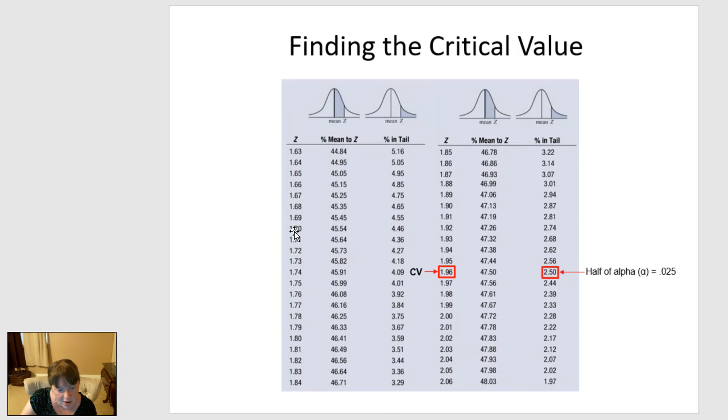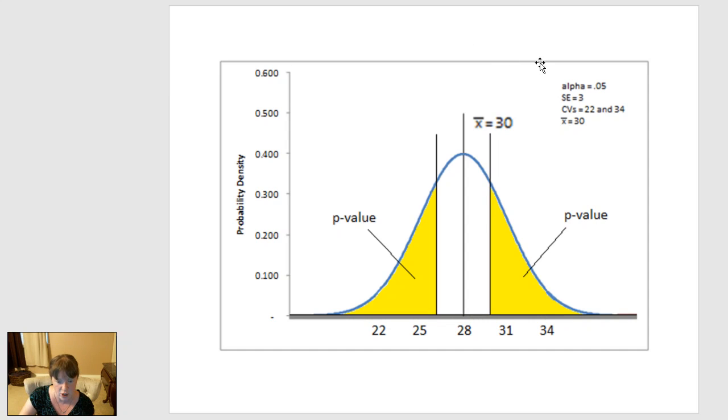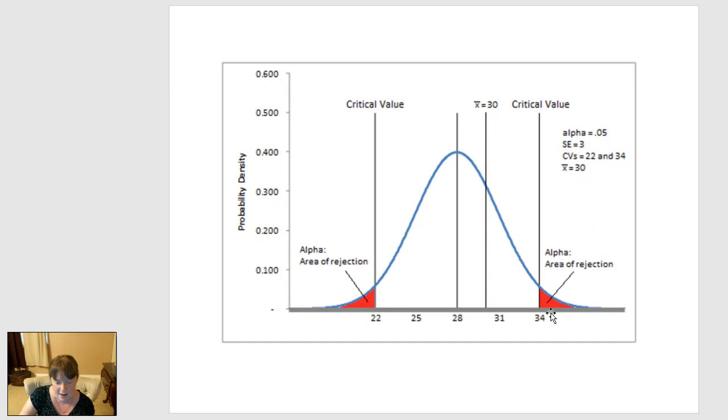And let's figure out how we can use this table to figure out what our standardized critical values were. Now, our raw critical values were 22 and 34. When I chose a two-tailed test with alpha of 0.05, our raw critical values were 22 and 34, and I calculated those.